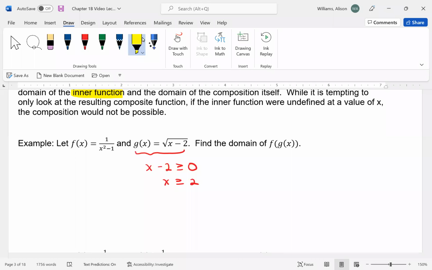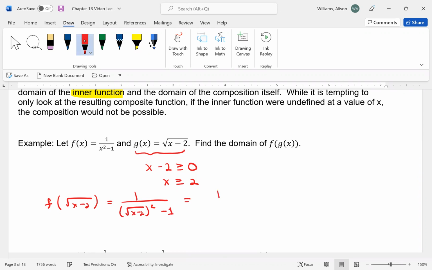All right. Okay, so now let's find f of g of x. Let's plug that in. I'm going to plug square root of x minus 2 into f of x, which is going to be the square root of x minus 2 squared, which cancels out the radical.